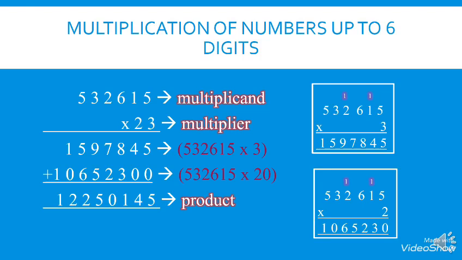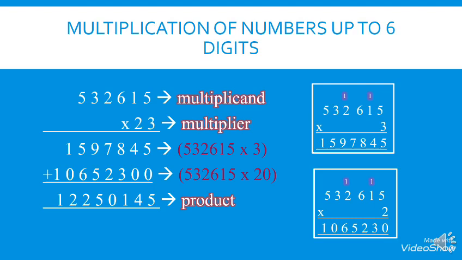And the number by which it is multiplied is called multiplier. And the answer or result we get is called product.